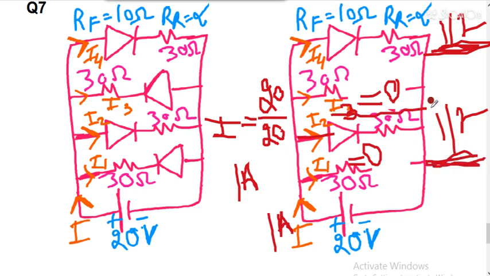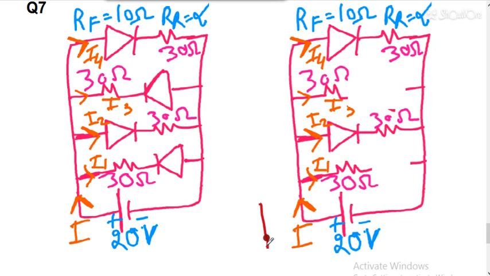I2 also has the value 1 by 2. I am repeating, the total current for this circuit was 1 ampere, which was divided into two equal parts, I2 and I4. So 1 by 2 is the value of I4 and 1 by 2 is the value of I2.